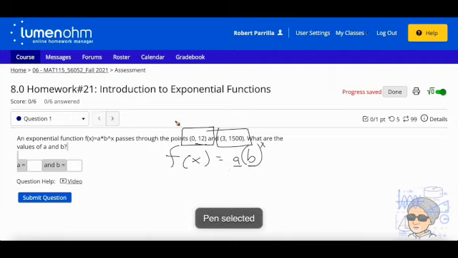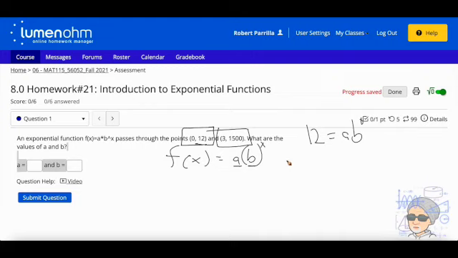I'm going to leave that drawing structure there. What's going to happen here is that we need to plug in our function. So if x is 0 and f of x is equal to 12, then you say 12 is equal to a times b to the 0 power. That's your first setup.